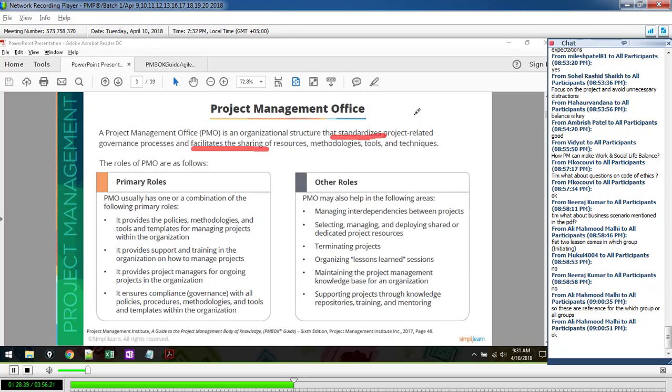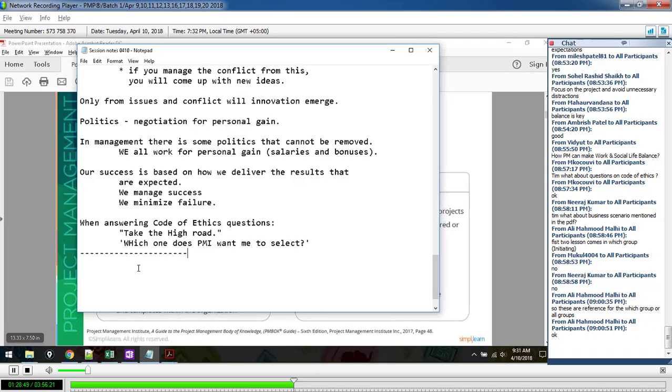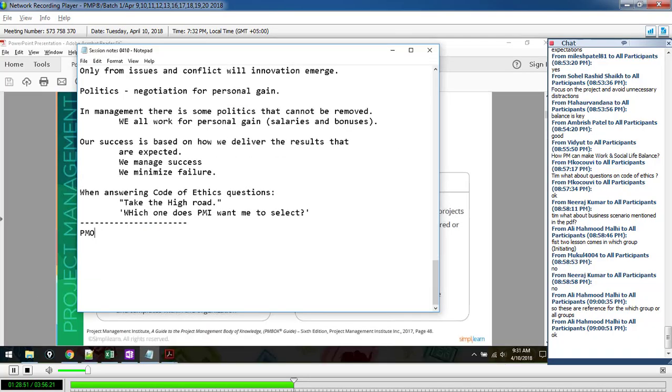There's two sets of roles that a PMO can apply. One, primary, benefits business. Now let's write this down. Other roles benefit project managers.